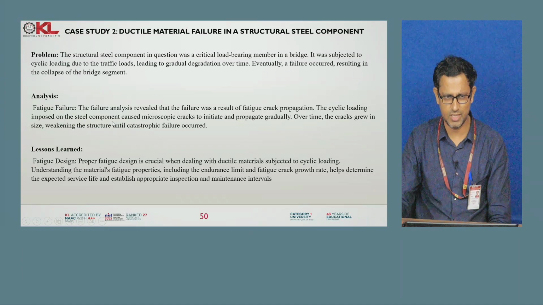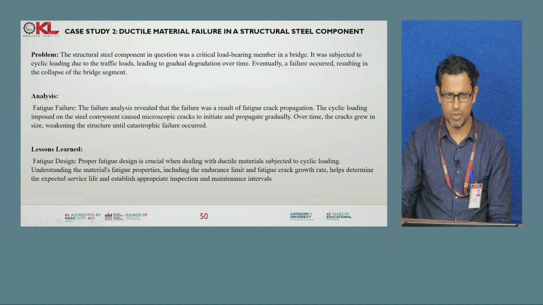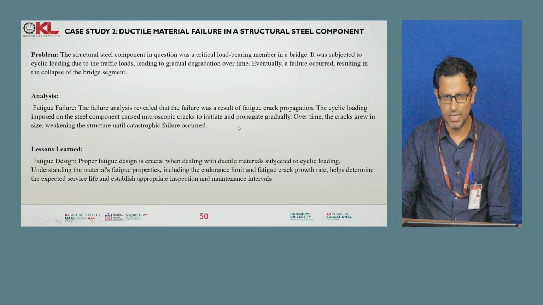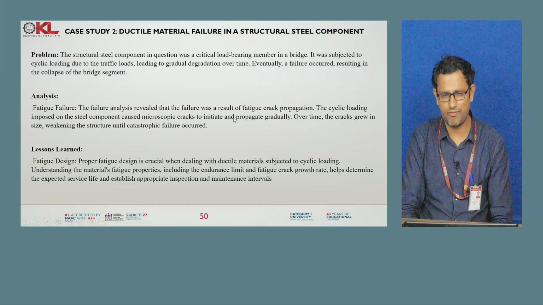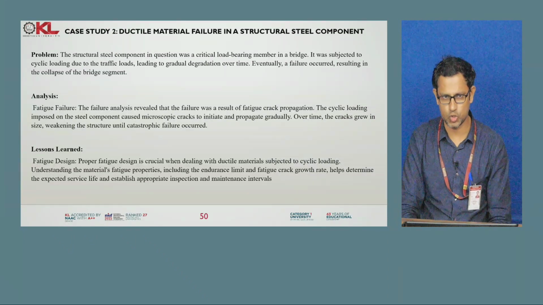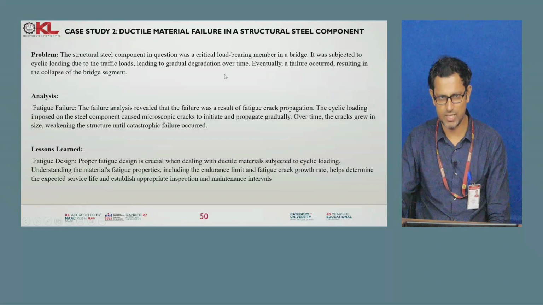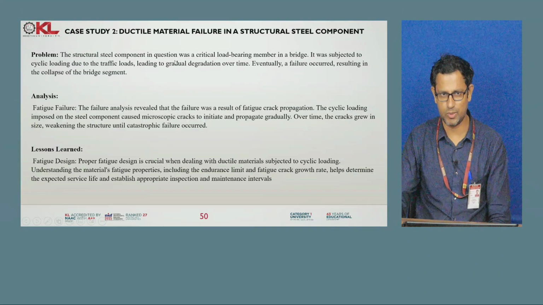Since he has not considered them, the cyclic loads cause microscopic cracks, which initiate, propagate further, and finally lead to failure. By seeing that failure mechanism, we can say yes, this steel component has failed in a ductile manner. Then the design engineer will understand why the ductile failure happened and what the reasons are.